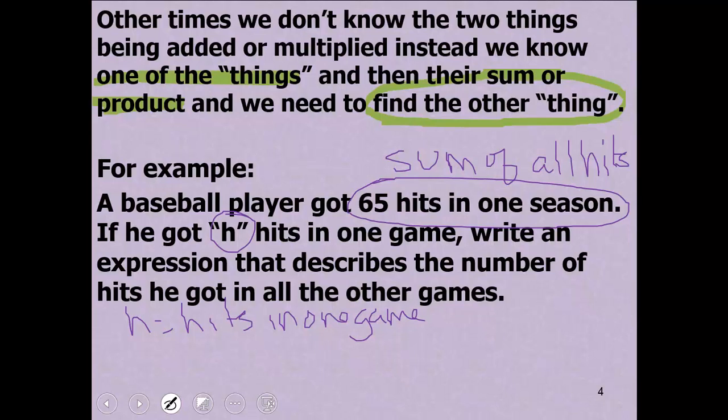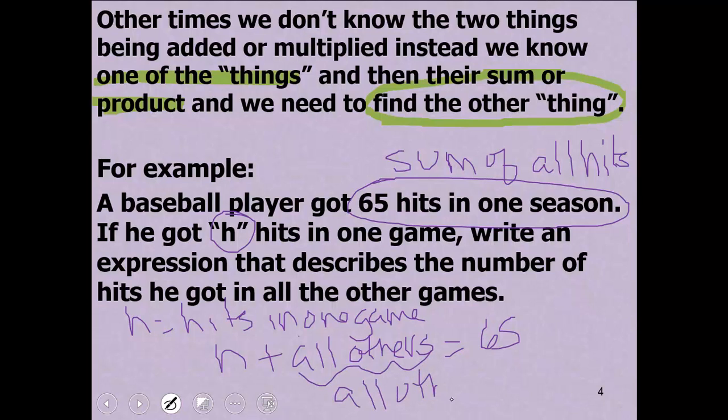So the expression that we need is, if the number of hits he got in one game plus all the others equals 65, then what does all others have to equal? All others has to equal 65 minus h. It's like you're solving for all others, right? 65 minus h, because if I subtract h from both sides, that's how I would get it.